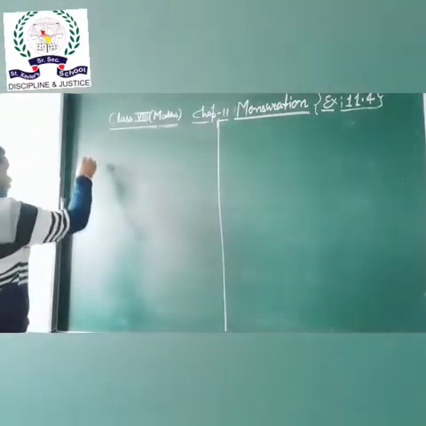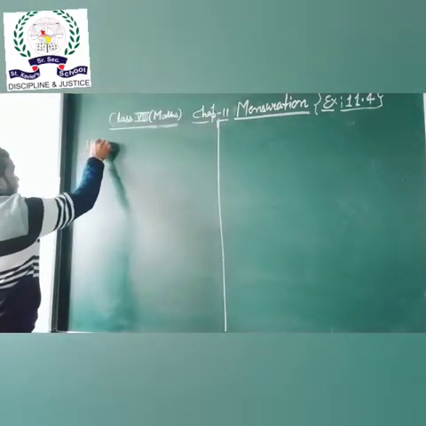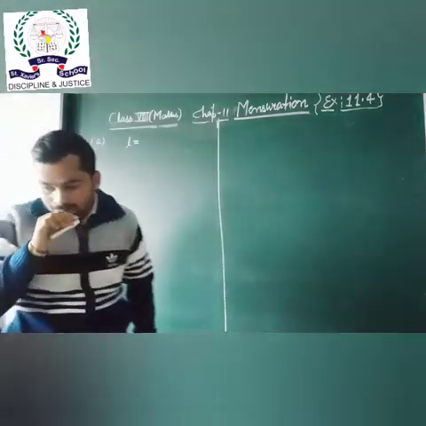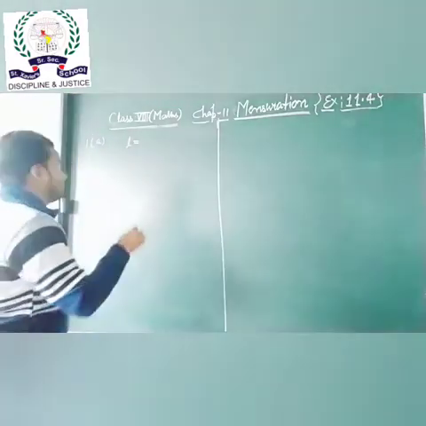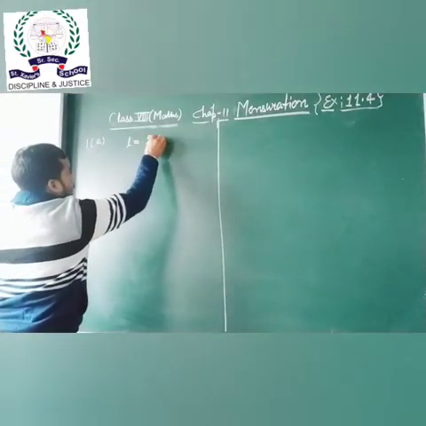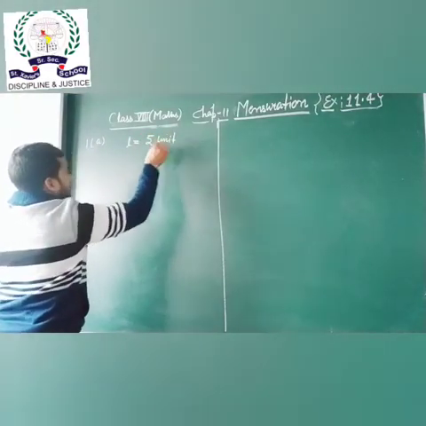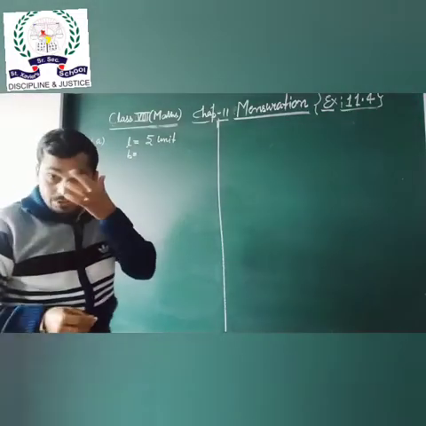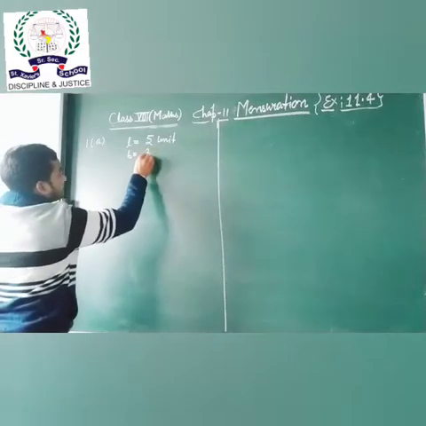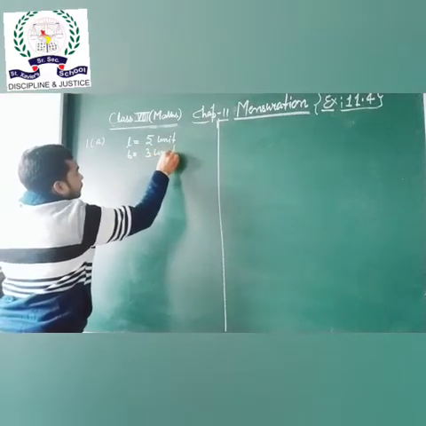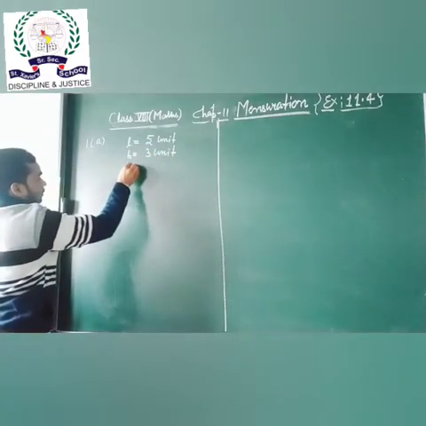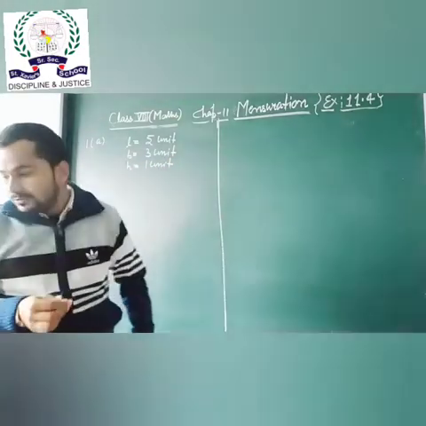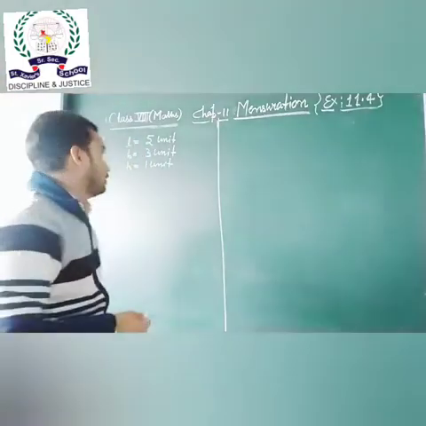So question number 1, part A: length of cuboid equals 5 units, breadth of cuboid equals 3 units, and height equals 1 unit, or 1 centimeter.